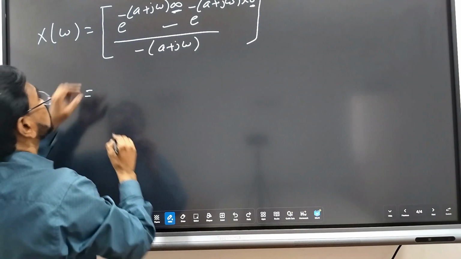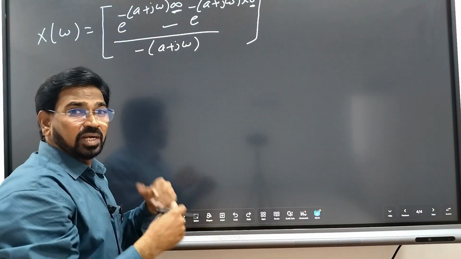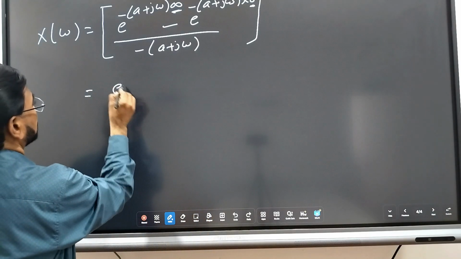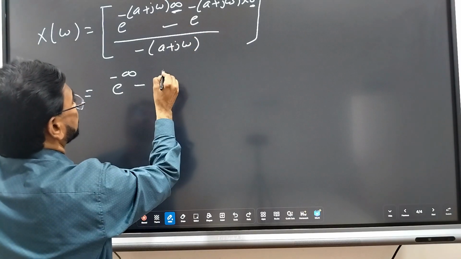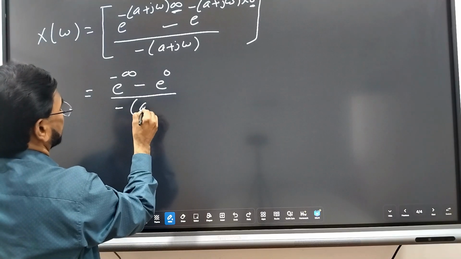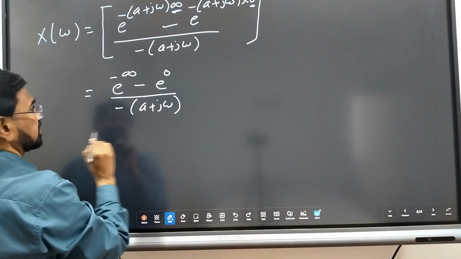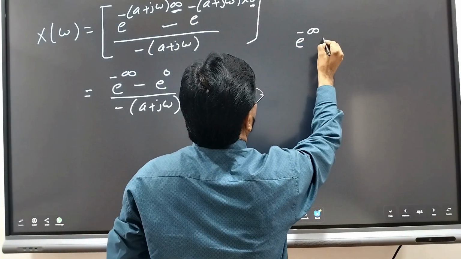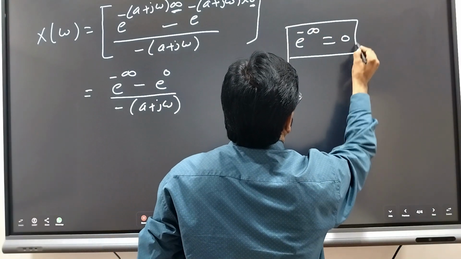Now e raised to minus infinity, okay, minus (a plus j omega) multiplied by infinity will become minus infinity. So it is e raised to minus infinity minus e raised to 0, divided by minus (a plus j omega). So this is our relation, and e raised to minus infinity is equal to 0 because it is a very small quantity.